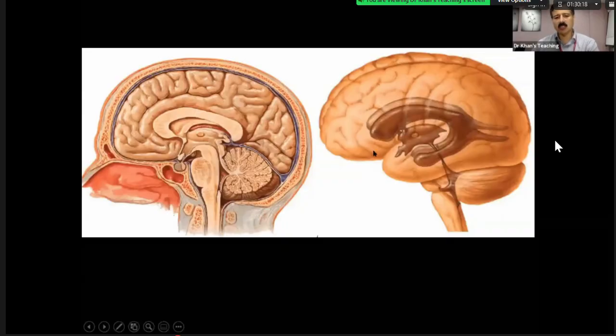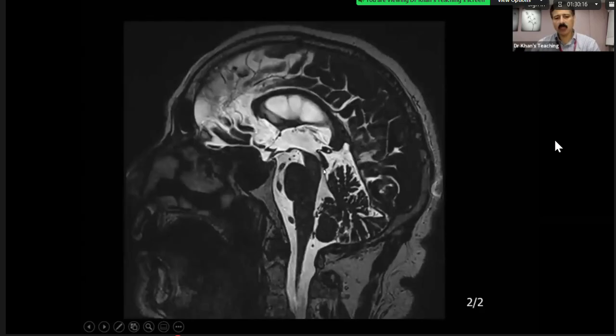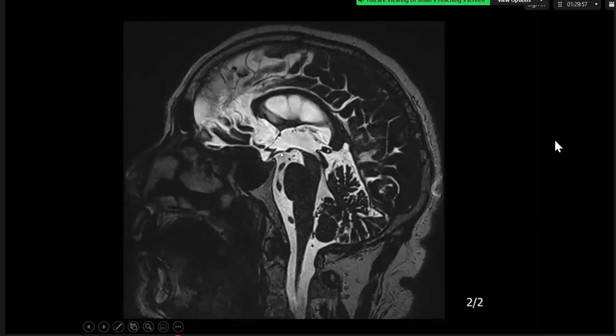So on a CISS sequence, actually, you can see all of this. So this is the pineal. You can see this suprapineal recess. This is the infundibular recess. This is the chiasmatic recess. This is the floor of the third ventricle. And the mammillary body is one structure. Otherwise, you can stretch your imagination, tuber cinereum, etc. Just call it hypothalamus.